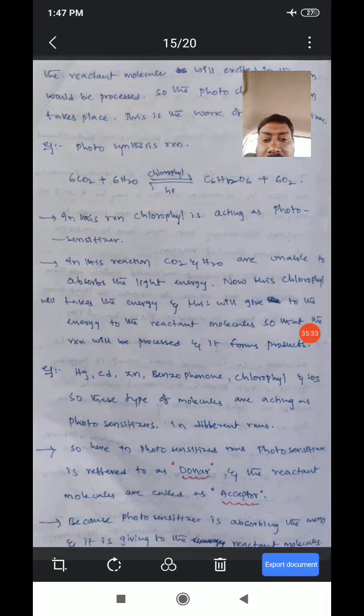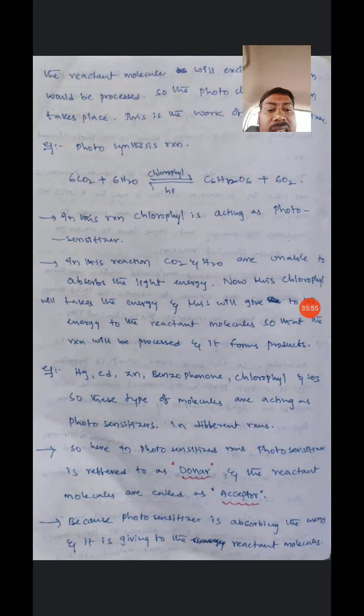And we see another example. Mercury, cadmium, zinc, benzophenone, chlorophyll, and SO3 are molecules acting as photosensitizers in different kinds of reactions.